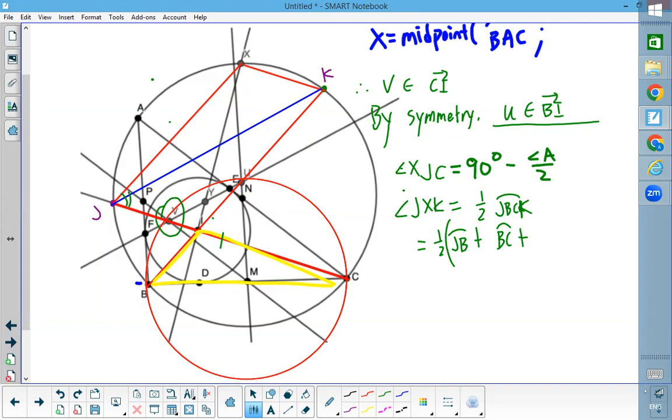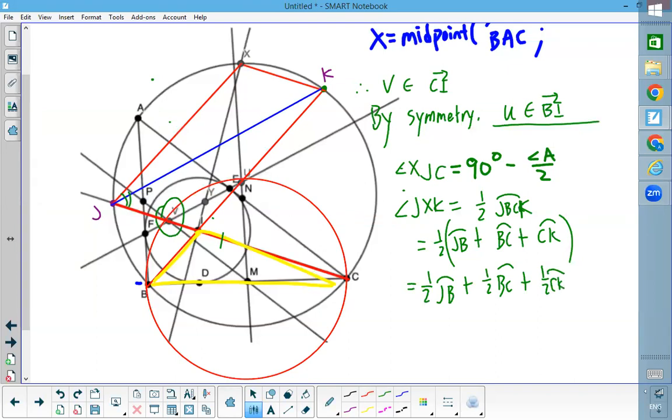JB is easy because it has C over 2. CB is also easy, and then we have CK. So we have 1/2 of JB, 1/2 of BC, and 1/2 of CK. What's 1/2 of JB?